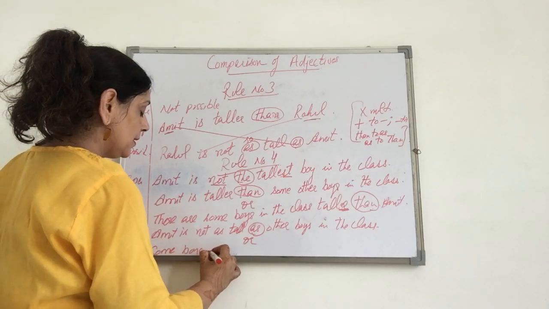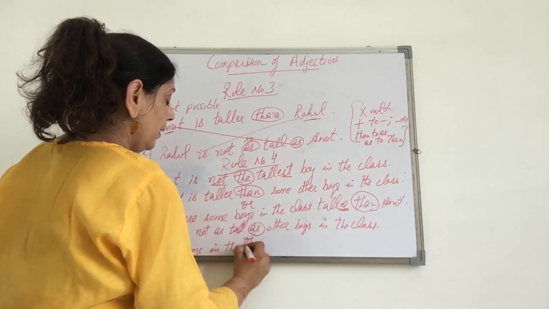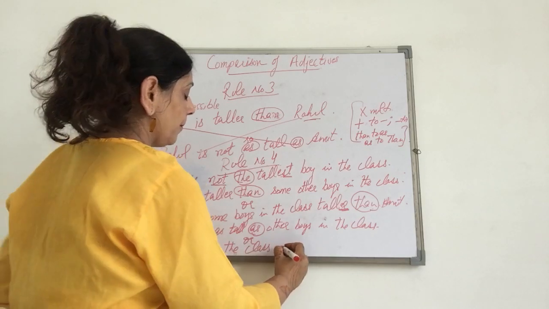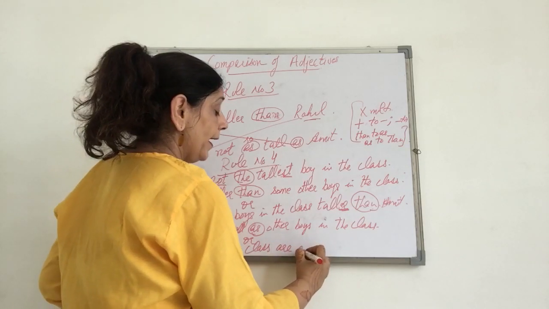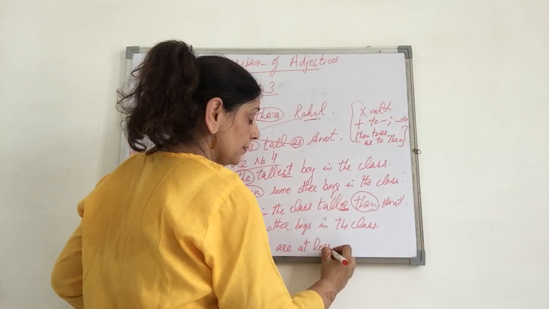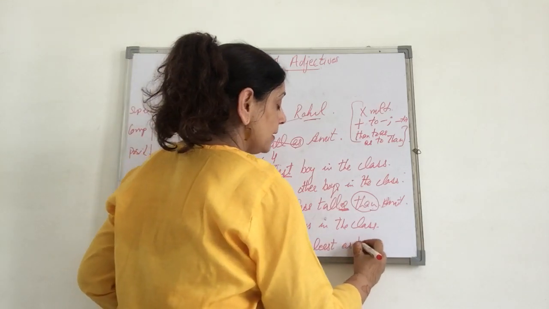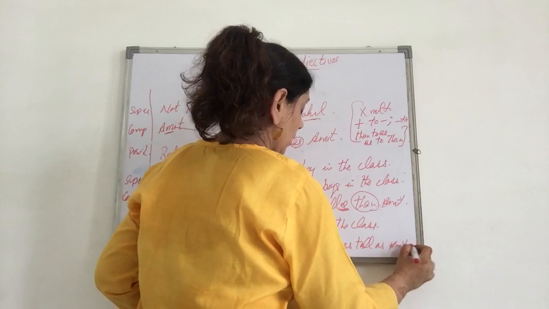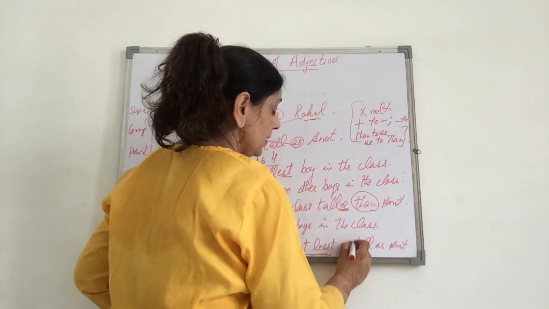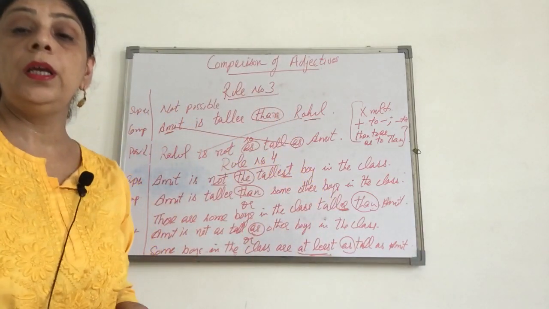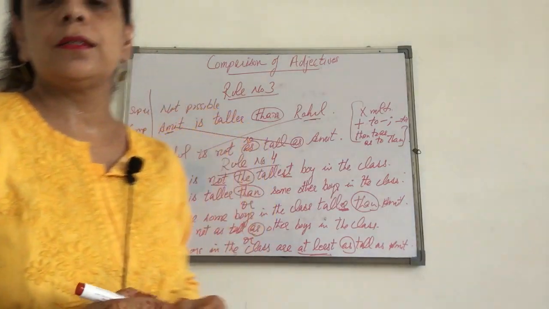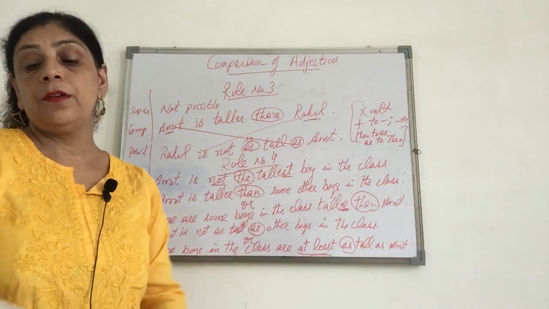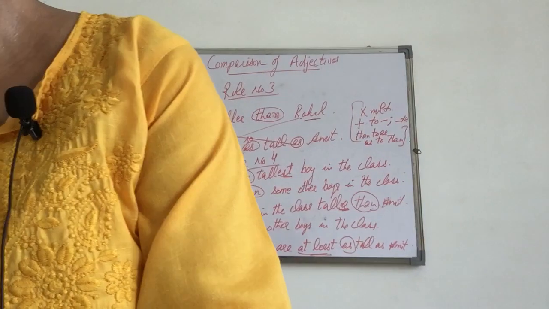Some boys in the class are at least as tall as Amit. We use the word at least, and as is the compulsory word. Remember that. Right? This is rule number 4.